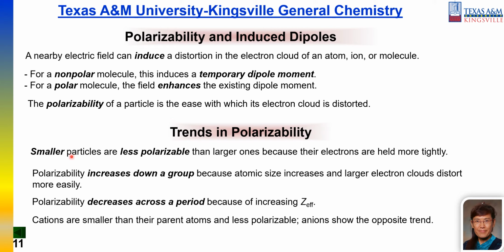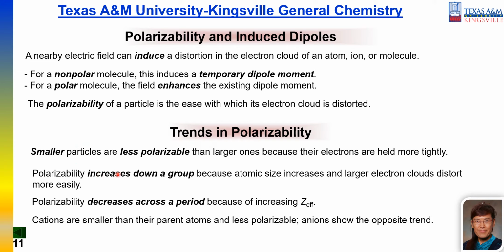Normally, smaller particles are less polarizable. Larger particles are more easily polarizable. The reason is that electrons can be held more tightly within smaller particles. Smaller particles hold their electrons tightly.